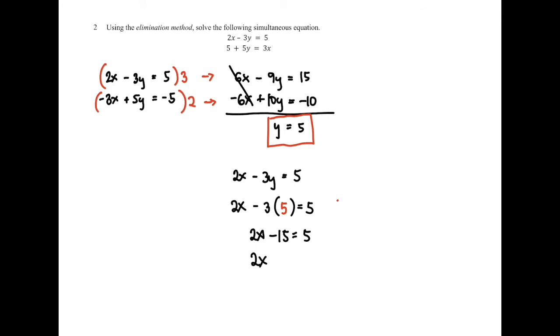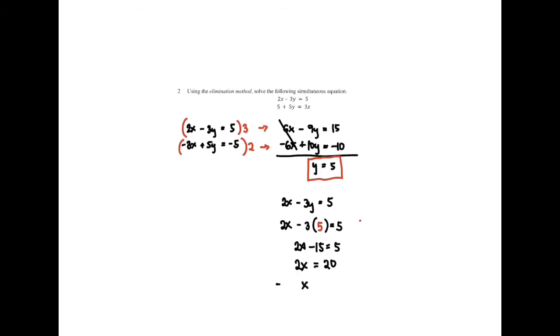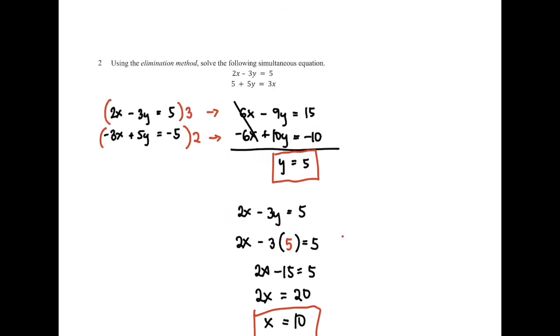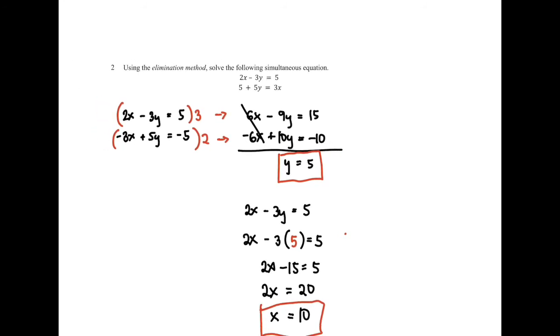Okay, so this is 2x equals 20. Okay, we get that one. So therefore x is equal to 10. Okay, so that is your x value. So your answer for number 2 is 10 and 5. Okay, 10 and 5.